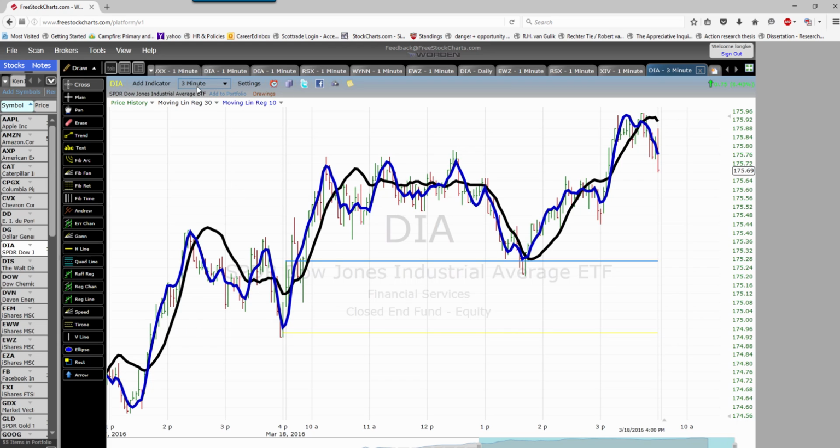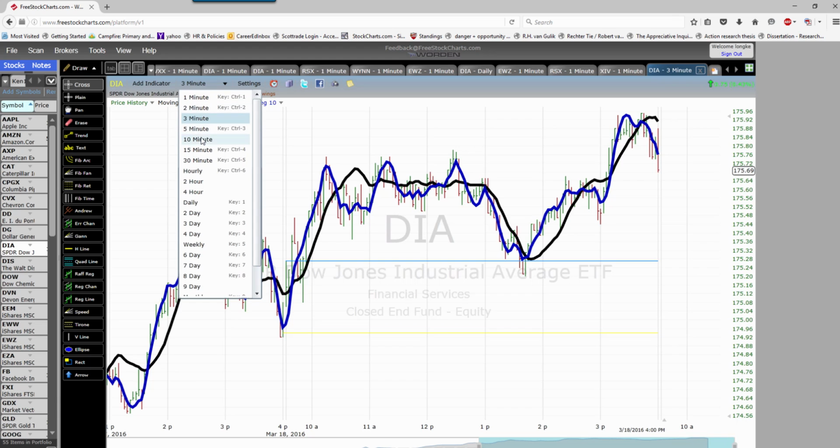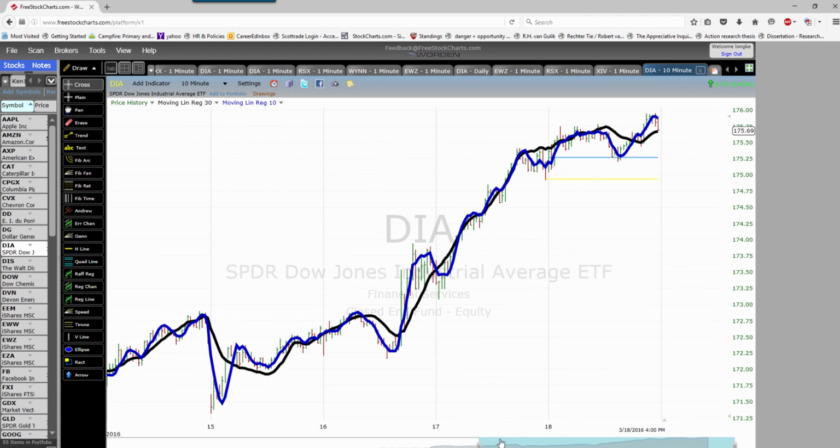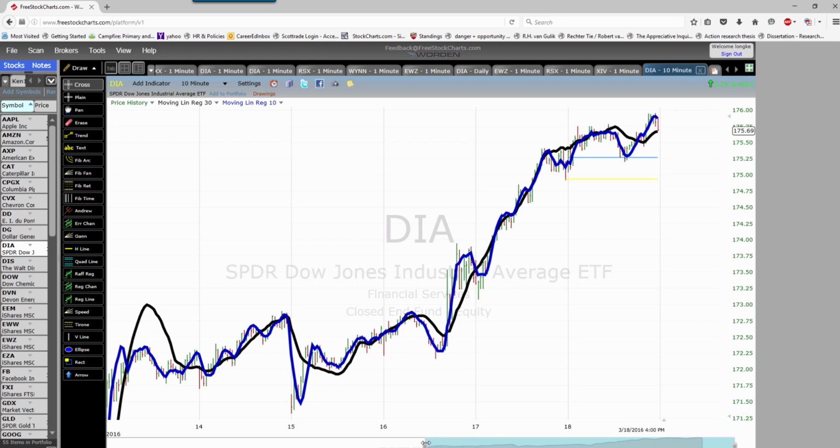If I'm using a 10-minute chart and I want to see what's happening on the 30-minute chart, like is that trend starting to peak on the 30? What's it look like to that higher time frame?